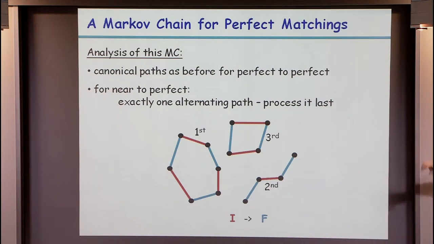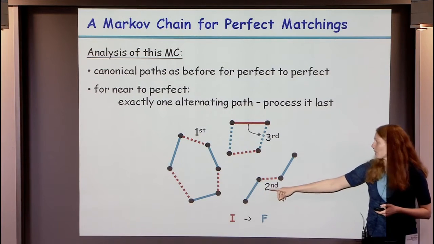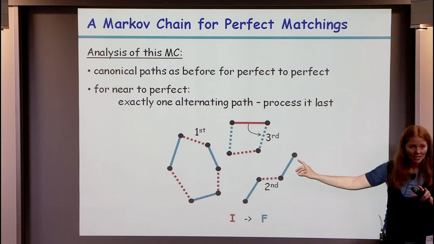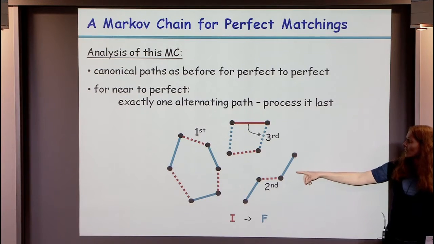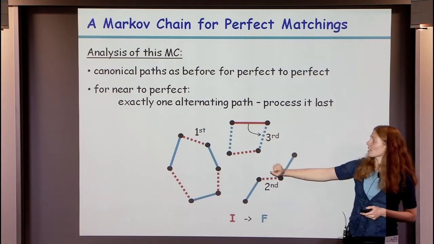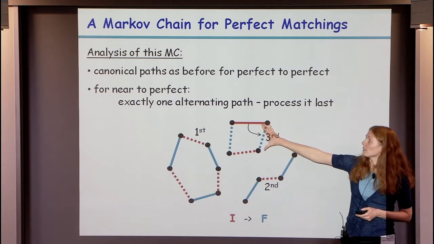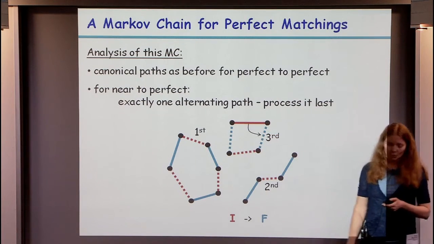So I have the components, and I do the flip, flip, flip. I would have fixed the first component, and maybe I would have fixed the second. Now, this is not what I'm going to do. I'm just kind of showing you what would have happened if I process the path before a cycle. And now I'm processing a cycle. So I need to flip cycle number 3, component number 3, from red to blue.